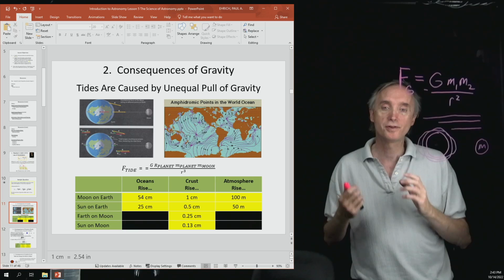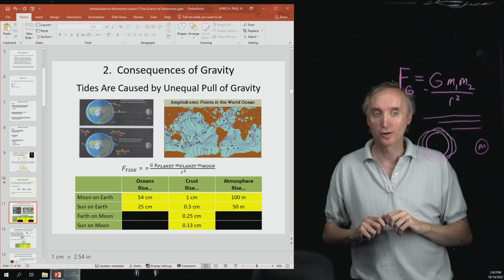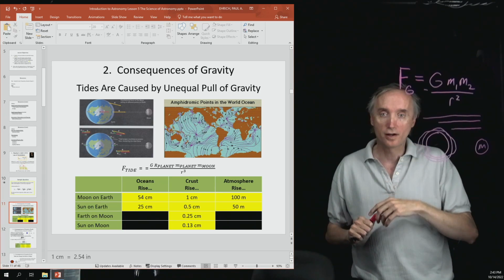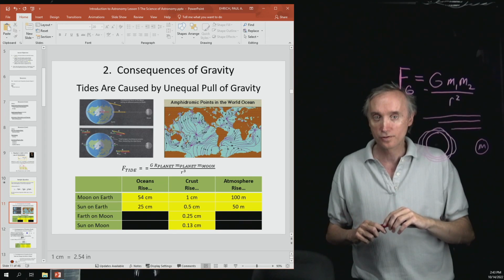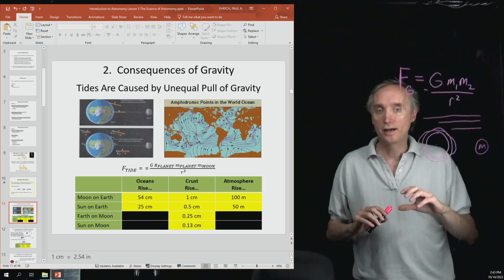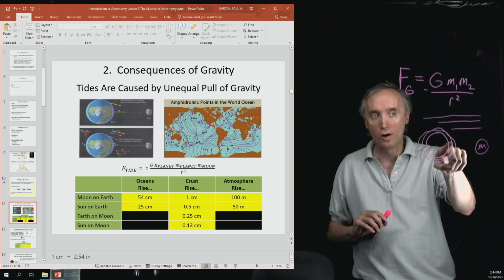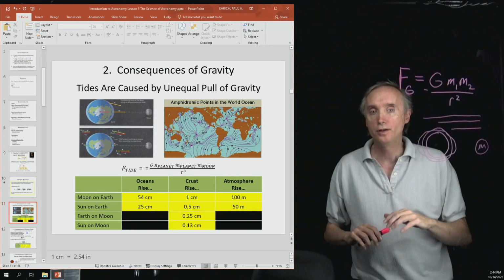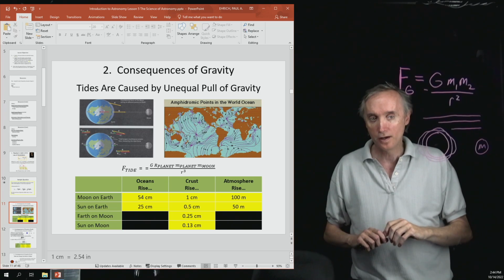Now that was the simple explanation for it, and of course everything is always more complicated. If you look at that picture that shows all of the continents of the Earth, with the lines in the oceans, what's really going on is that because the Earth is rotating, these water bulges can't keep up with the Earth because they're rubbing up against the bottom of the ocean floor and bumping into the continents.